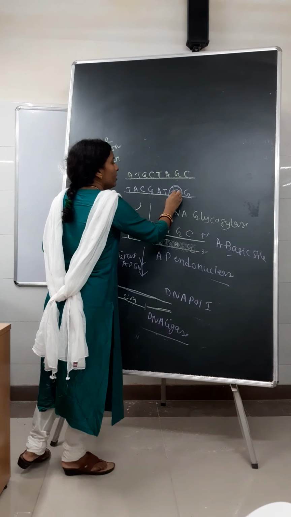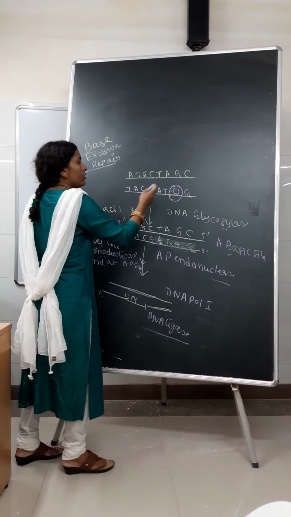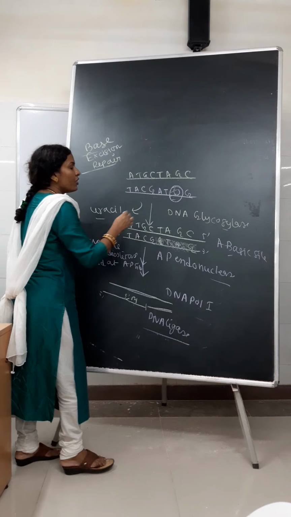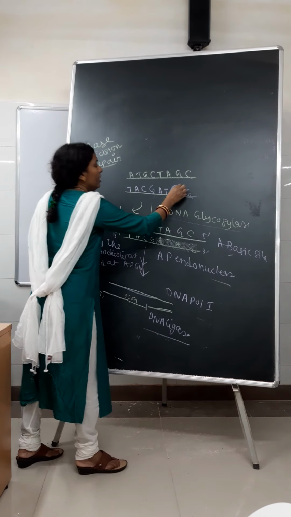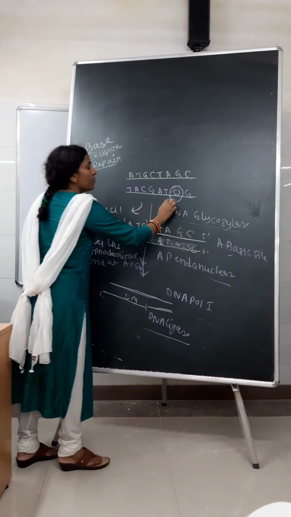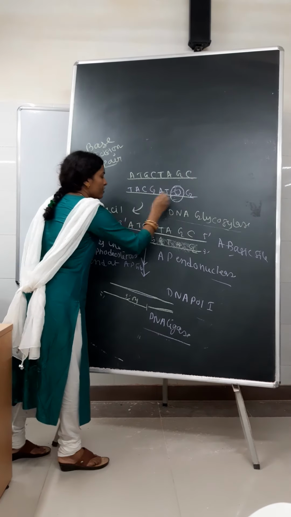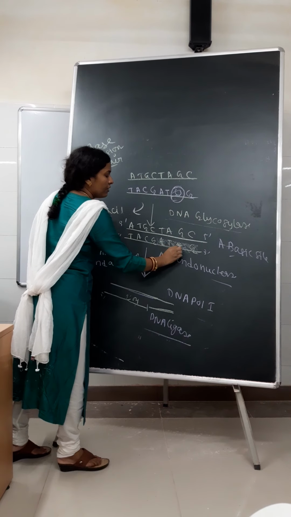Here it should be C, cytosine, but in this cytosine residue spontaneous deamination occurs and uracil is here. So first, via the enzyme DNA glycosylase, this uracil is removed. So this base is removed, only the base, not the phosphodiester linkage. So the base is removed.